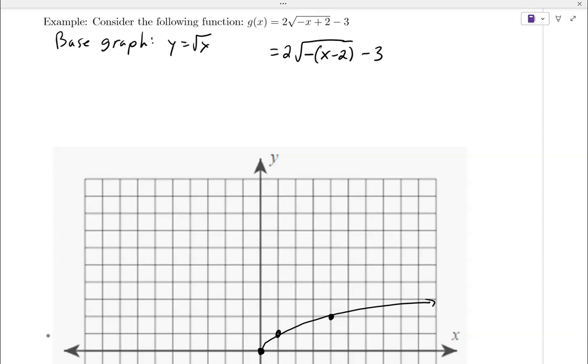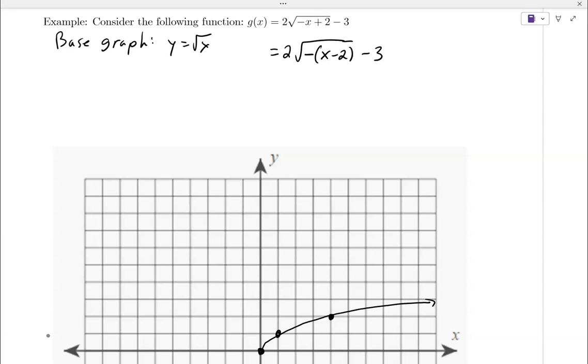Remind me again, what's this 2 on the outside going to do? It's multiplied, so is it going to shift or is it going to stretch? It's going to stretch, right? Which way? Yeah, it's going to be a vertical stretch.